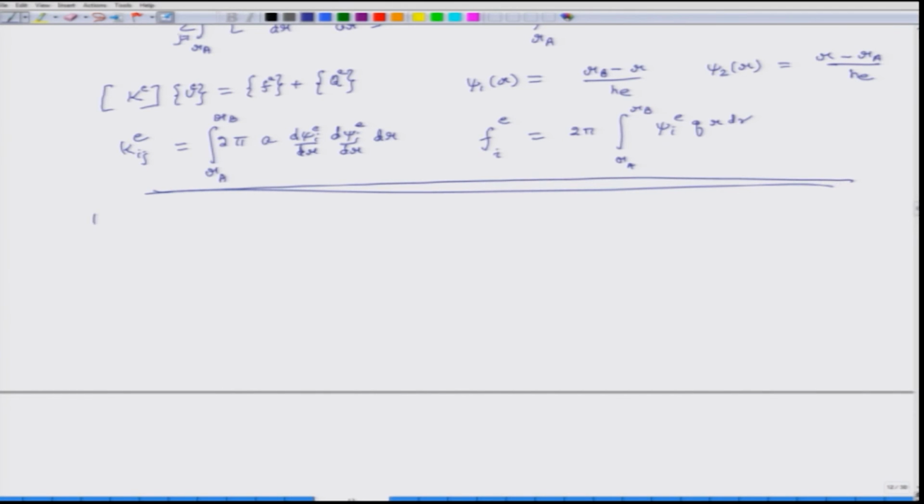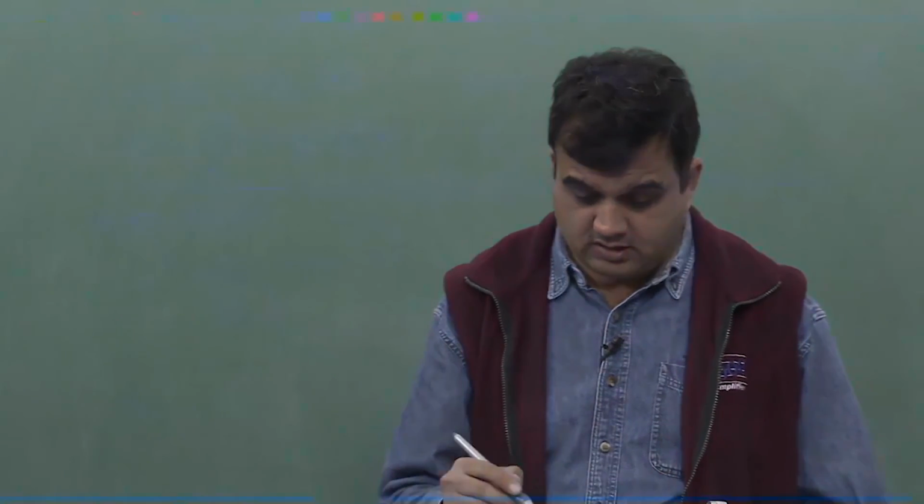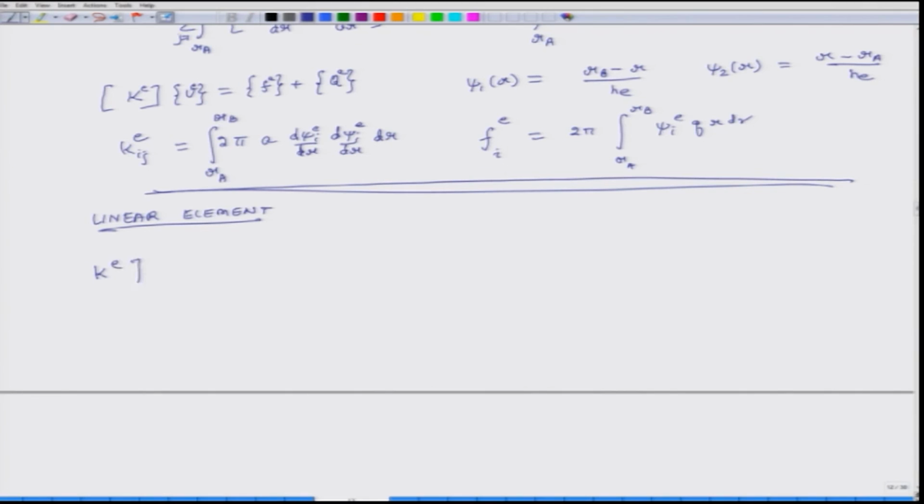For the linear element, that is an element which is linear in the radial direction, okay. So, we have to remember that K E equals 2 pi A E over H E times R A plus H E over 2, times the matrix 1 minus 1, minus 1 1.